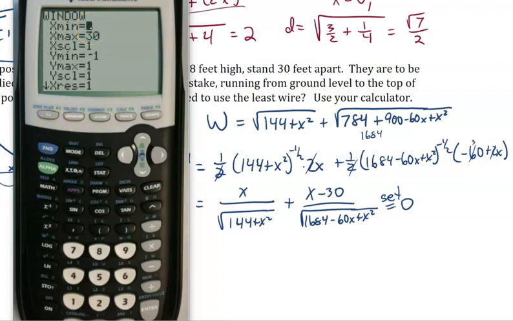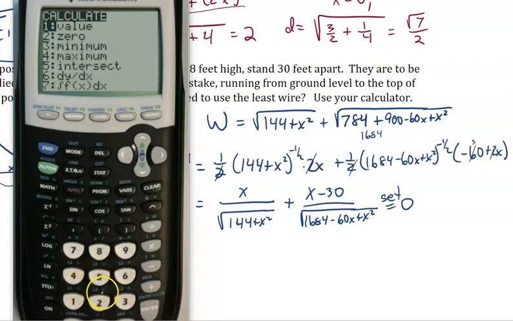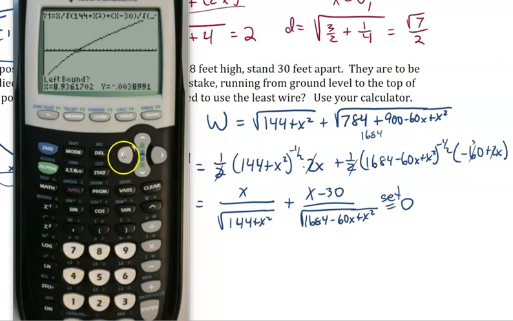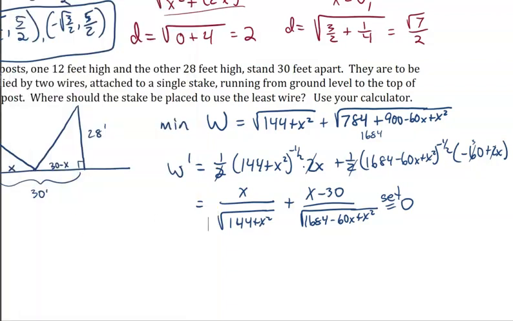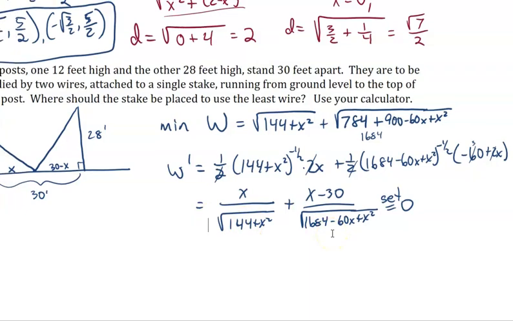And really, I should be checking the endpoints. We'll come back to that. And then my y value, I'm going from negative 1 to 1 because I just want to know where it crosses the x axis. So I'm going to do second, calculate 0, and it comes out to be 9. Okay, so x equals 9 is my critical point.